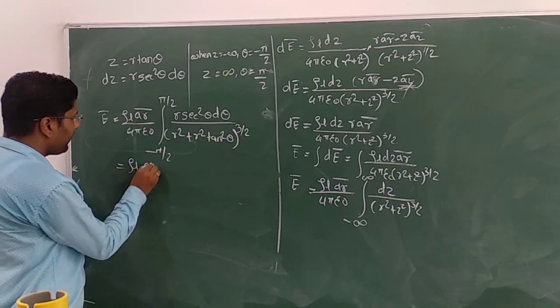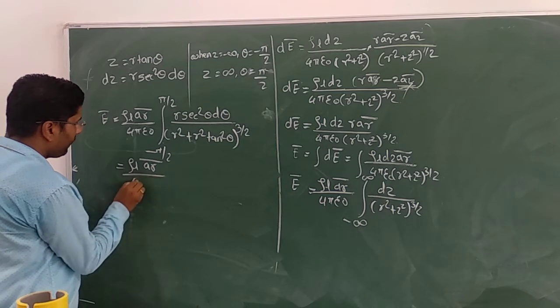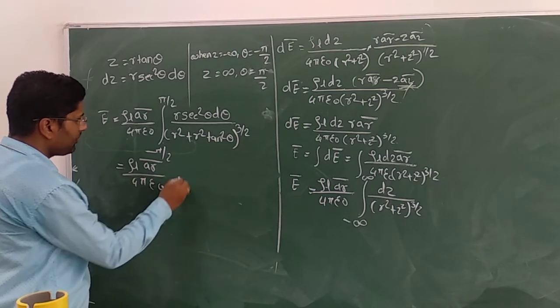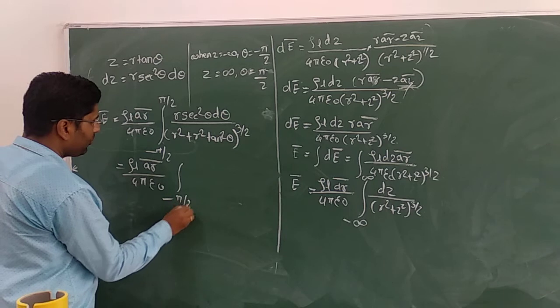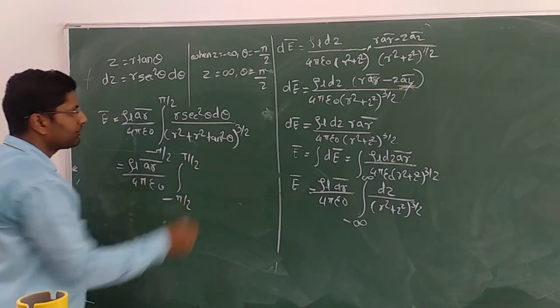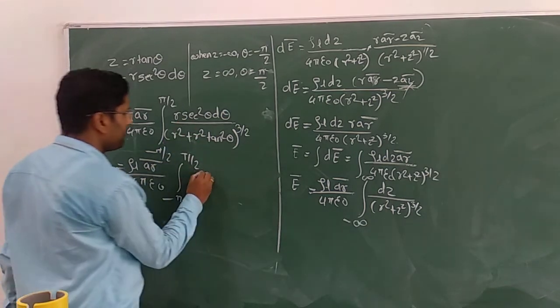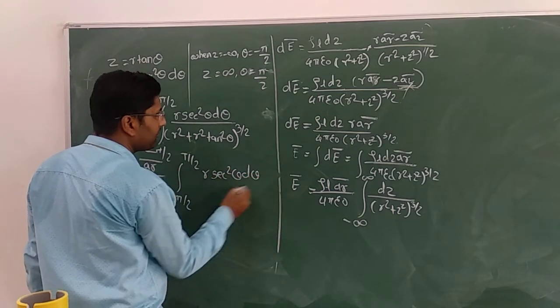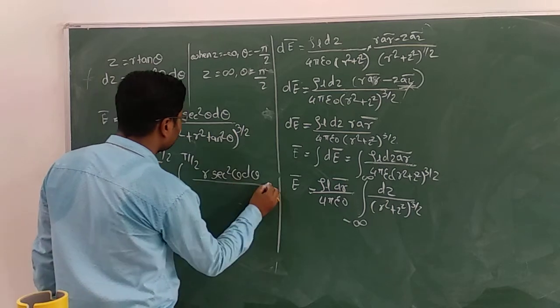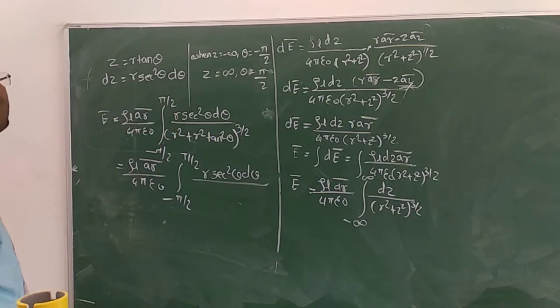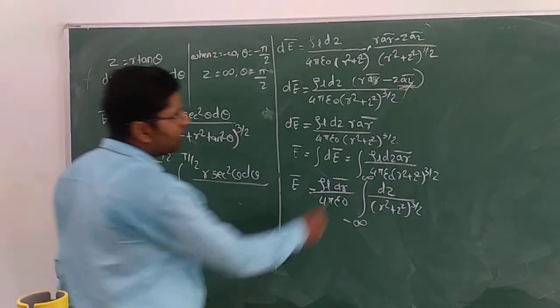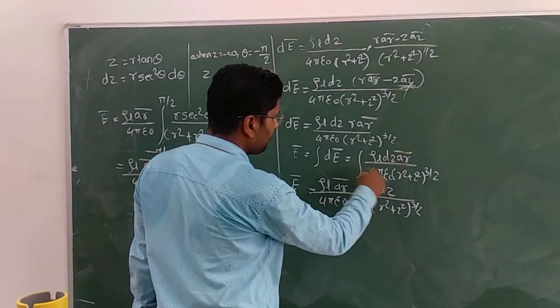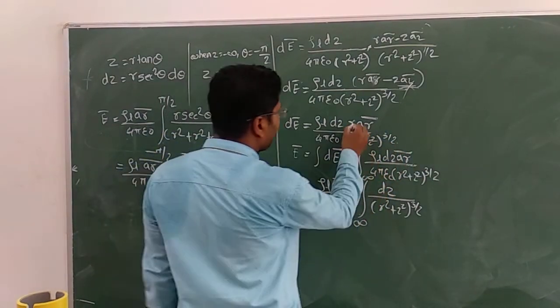Rho L AR bar divided by 4 pi epsilon 0, integral from minus pi by 2 to plus pi by 2, r sec square theta d theta. Okay, I forgot to write this r.